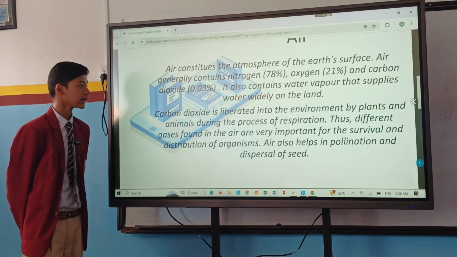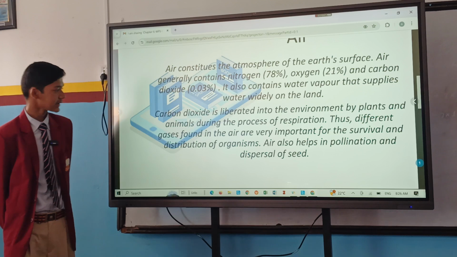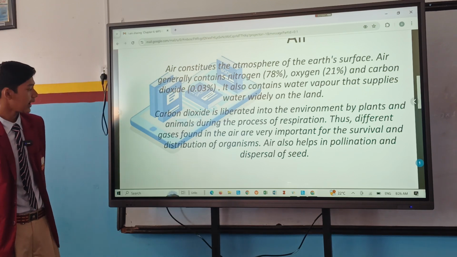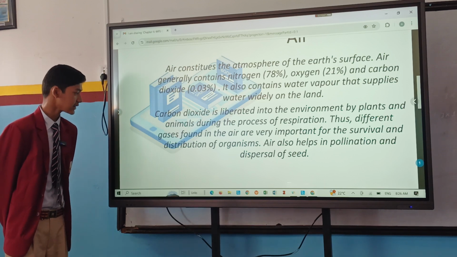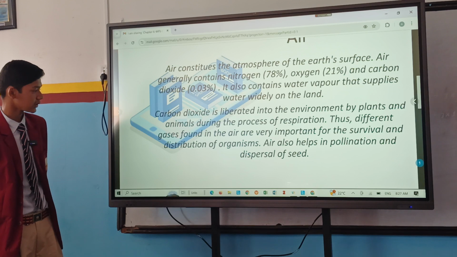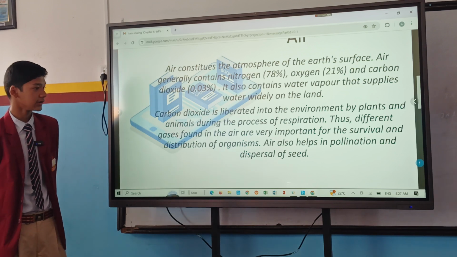It also contains water vapor that supplies water widely on the land. Carbon dioxide is liberated into the environment by plants and animals during respiration. Thus, different gases found in the air are very important for the survival and distribution of organisms. Air also helps in pollination and dispersal of seed.